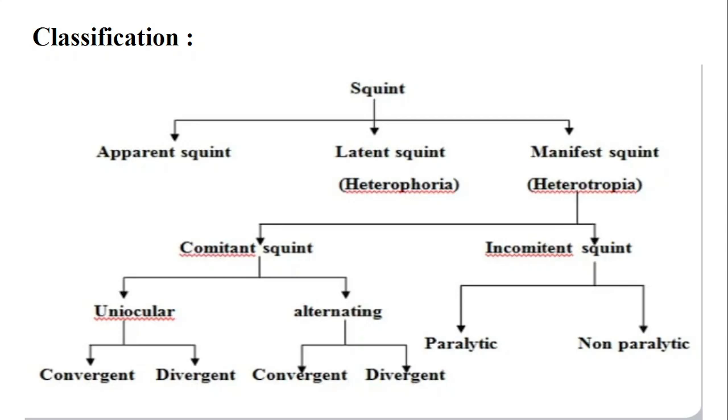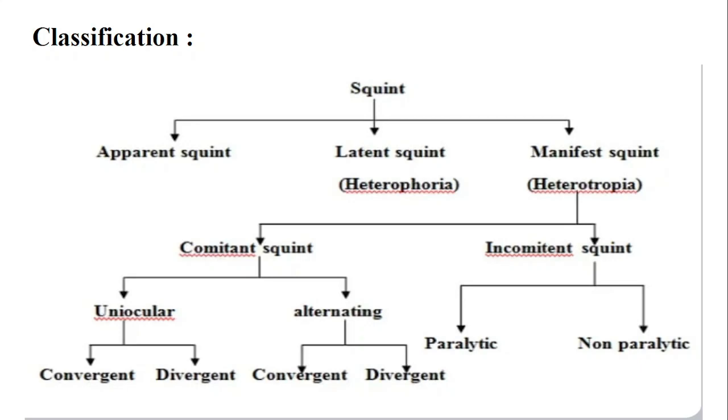Number 6. Intermittent squint. An intermittent squint is a type of manifest squint that occurs only at certain times, such as when the person is tired or looking at something far away. Number 7. Concomitant squint. A concomitant squint is a type of squint where the angle of deviation is constant in all fields of gaze. Number 8.